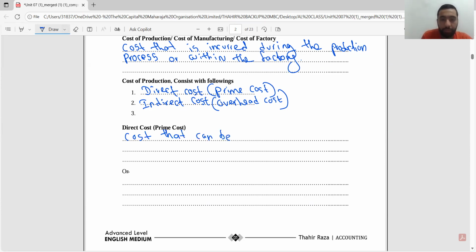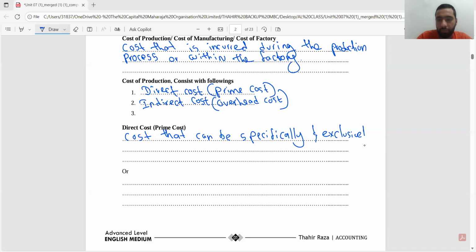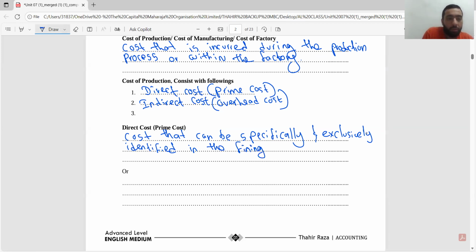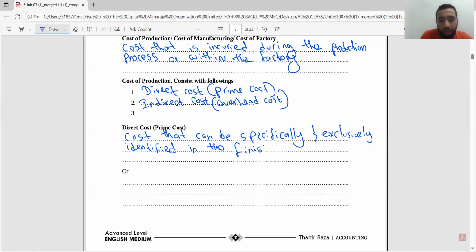Cost that can be specifically and exclusively identified in the finished product is called prime direct cost, which is also known as prime cost.